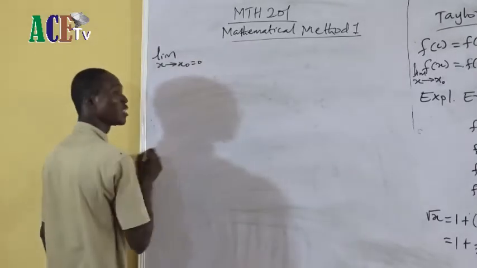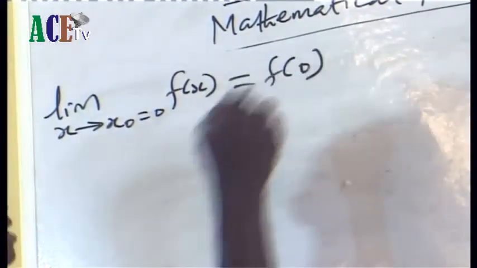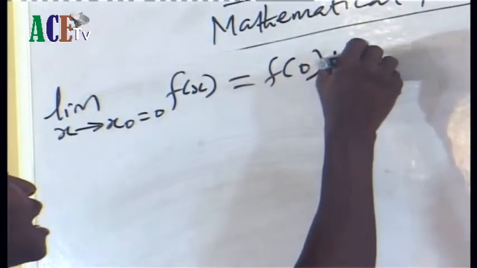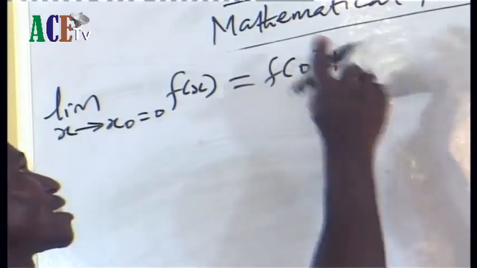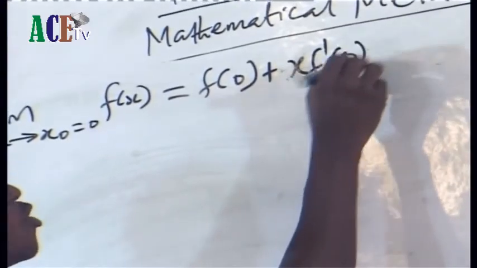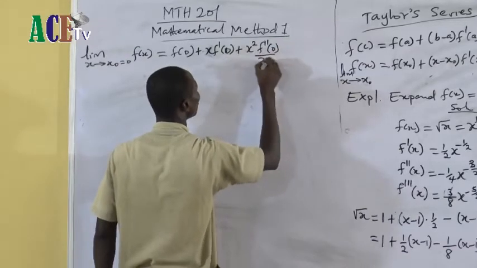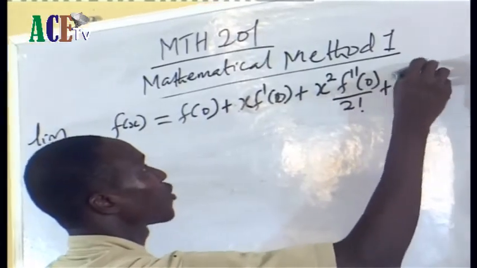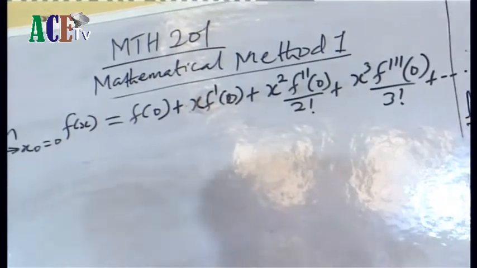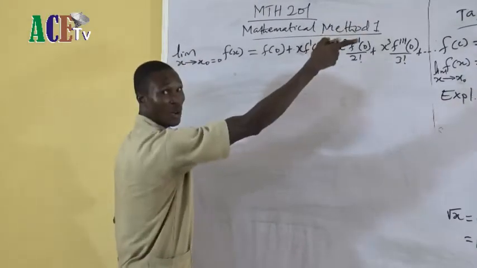If this x naught is equal to 0, my f of x will be equal to f of 0 plus x, because x minus 0 will give us x, f prime of 0, plus x squared f double prime of 0 over 2 factorial, plus x to the power 3 f triple prime of 0 over 3 factorial, and so on. Now, the difference is x minus x naught. X naught is 0, then it will go.